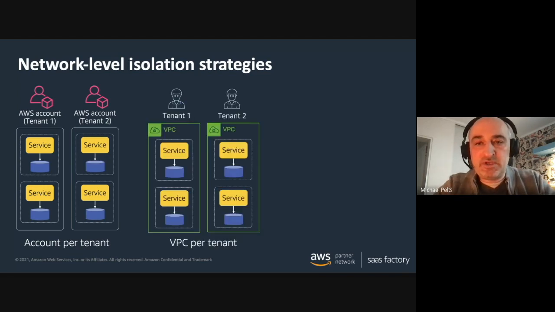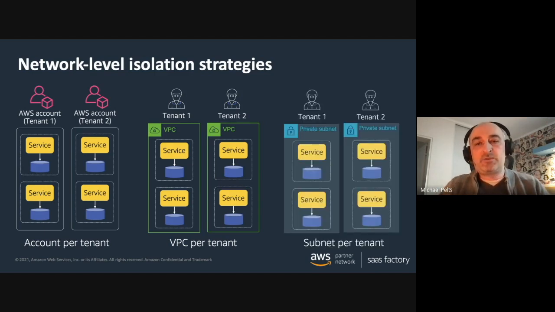The next one is VPC per tenant. Resources live in different VPCs, and they are simply not addressable until you do something special like VPC peering or start using transit gateway. And the last one is subnet per tenant. It means that just at the network setup of your VPC, you define or use security rules and routing to isolate tenants into dedicated subnets.